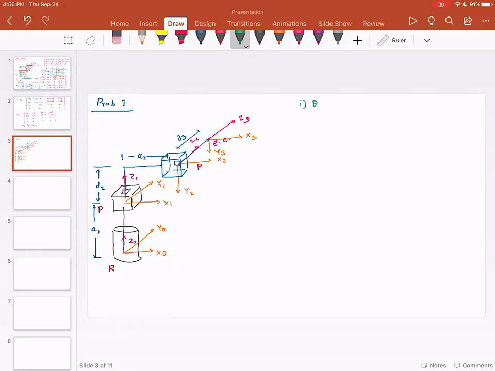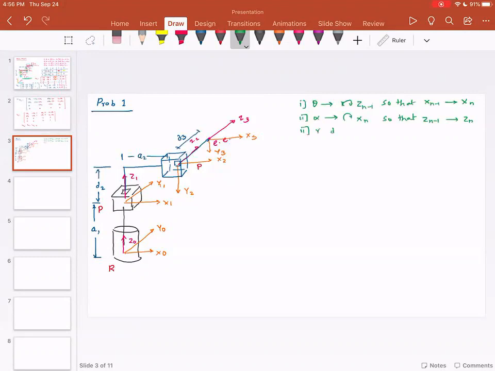The first rule is theta is the rotation about Zn minus 1 so that Xn minus 1 is aligned with Xn. Alpha is the rotation about Xn so that Zn minus 1 is aligned with Zn.